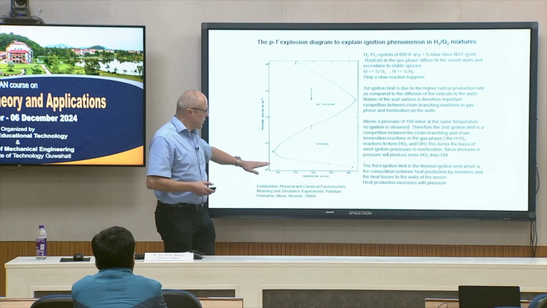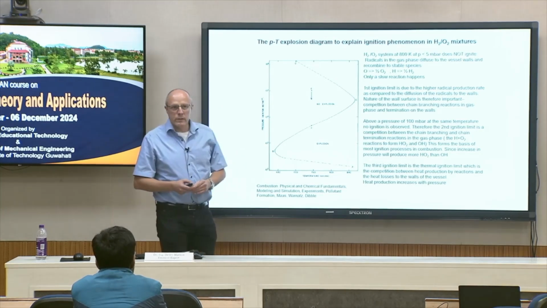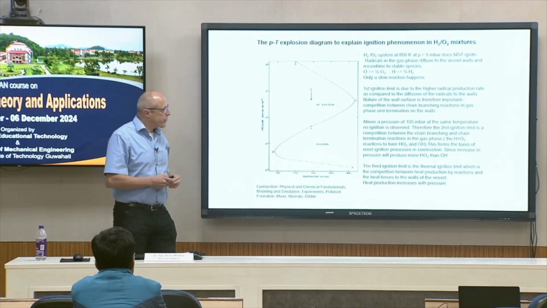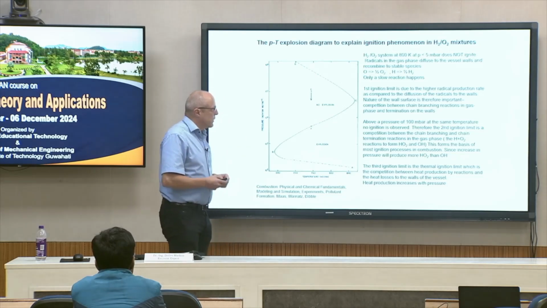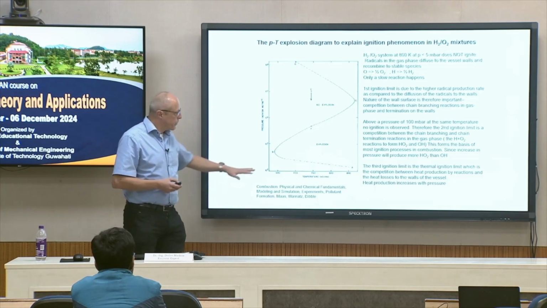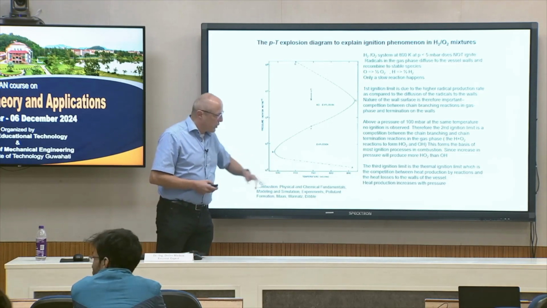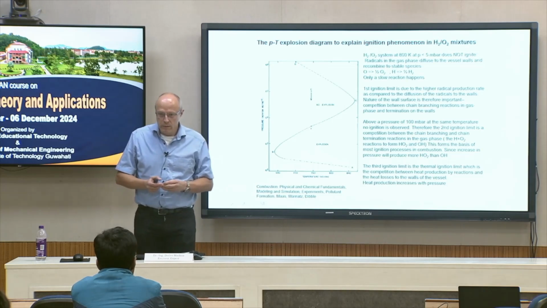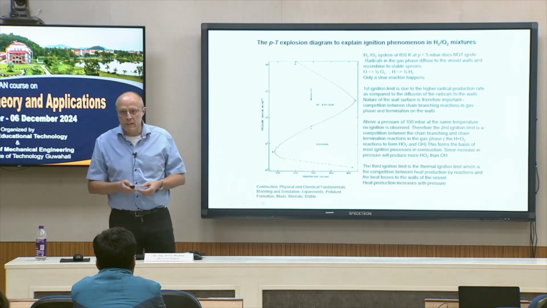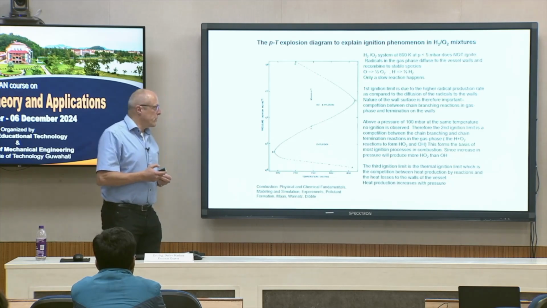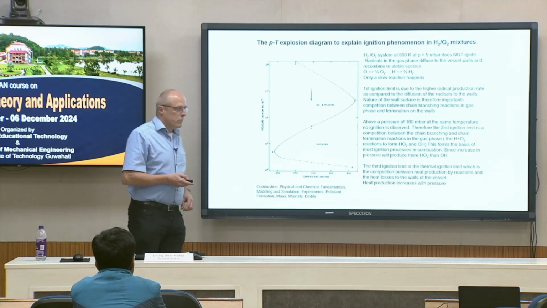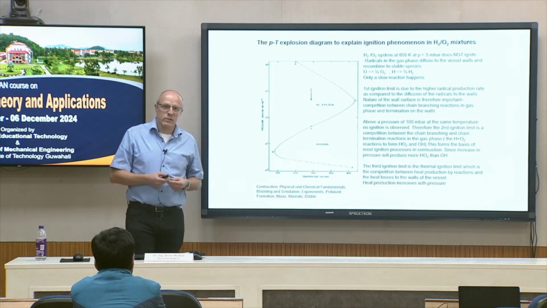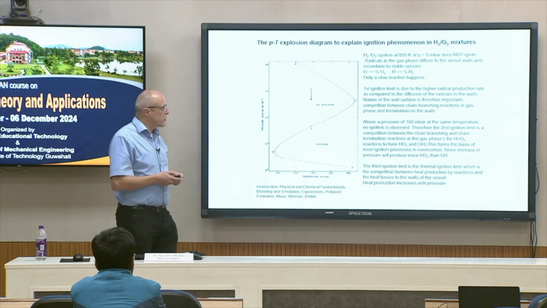So at the very low pressure, the molecules, so we have very few, or we have a very low density at low pressure, and so the molecules diffuse towards the walls, and at the walls they are more or less quenched.